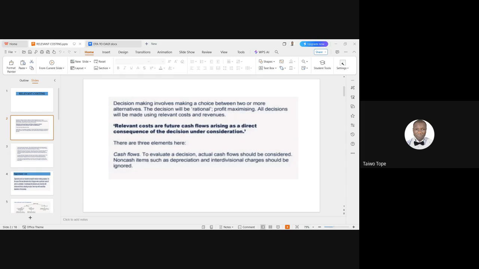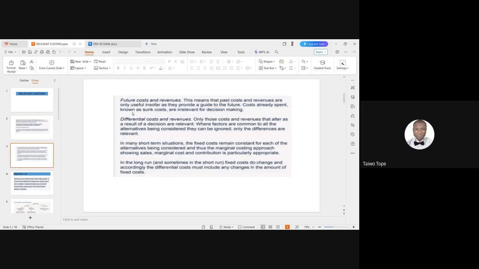All right. So, having talked about cash flow as one of the elements, we have future costs and revenues. This means that past costs and revenues are only useful insofar as they provide a guide to the future. Costs already spent are known as sunk costs and are irrelevant for decision making. We talked about that.